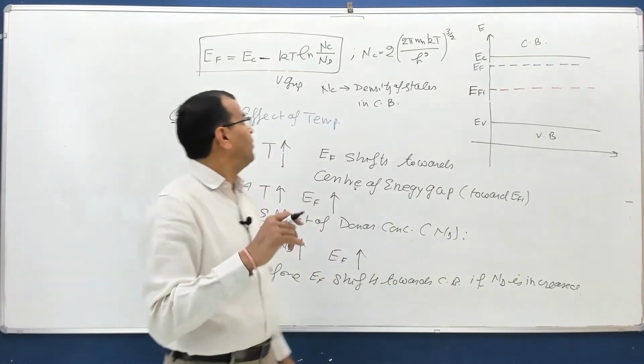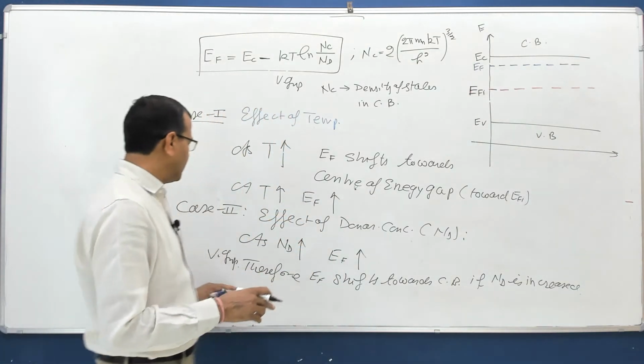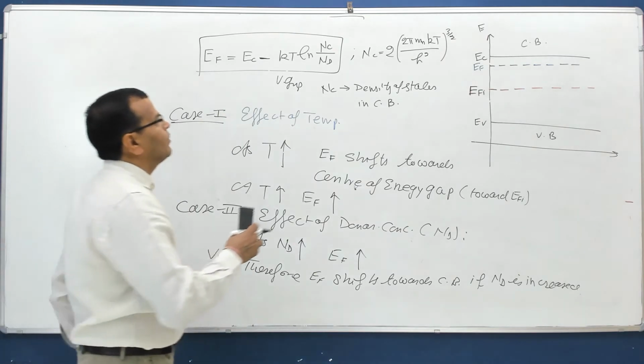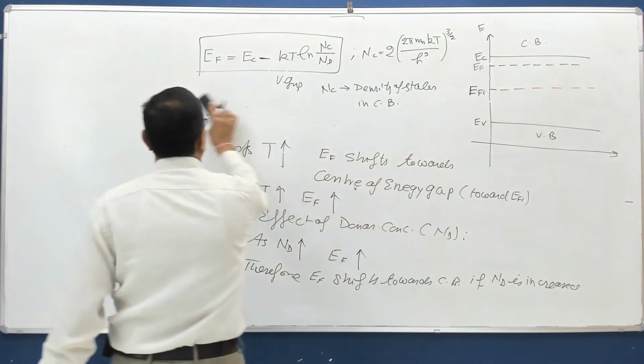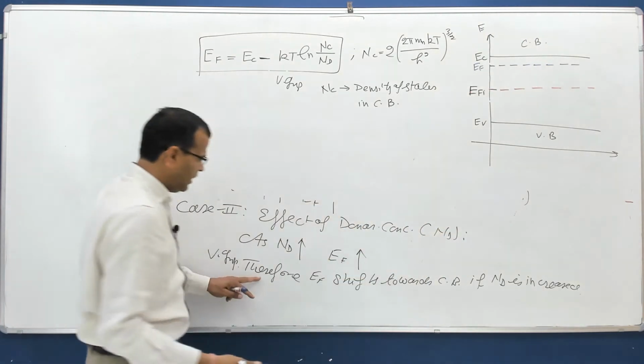Now there are certain points to be remembered. This is case 2, and here there are 3 points under case 2 only. I will discuss them one by one. See this.